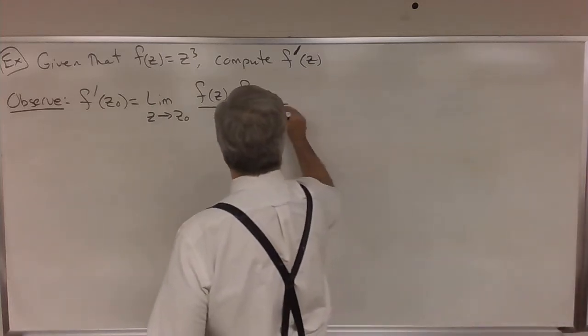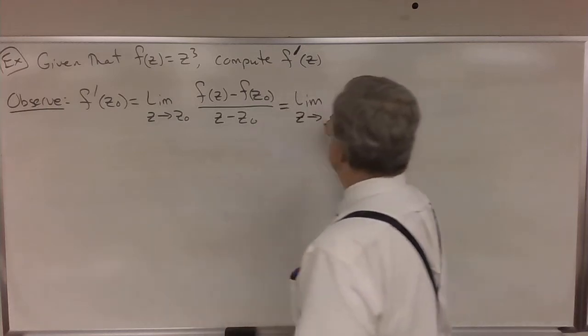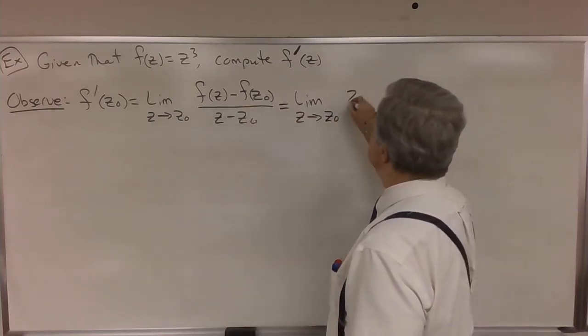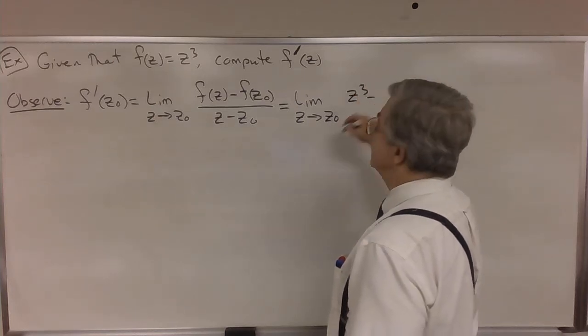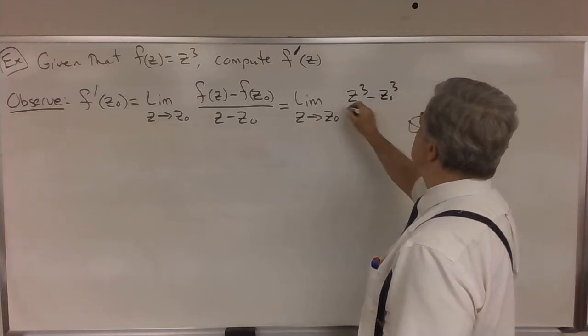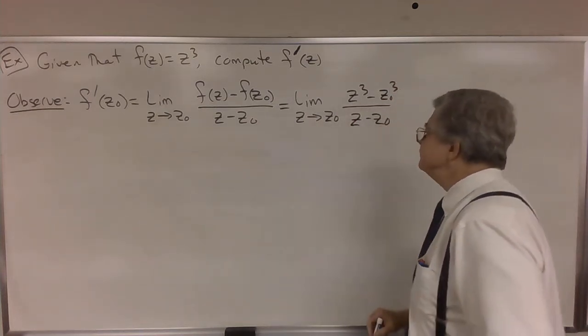So, limit as z approaches z naught. f of z is z cubed, f of z naught is z naught cubed, over z minus z naught.